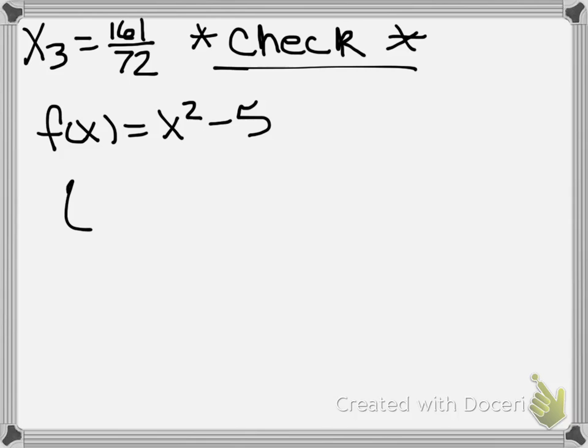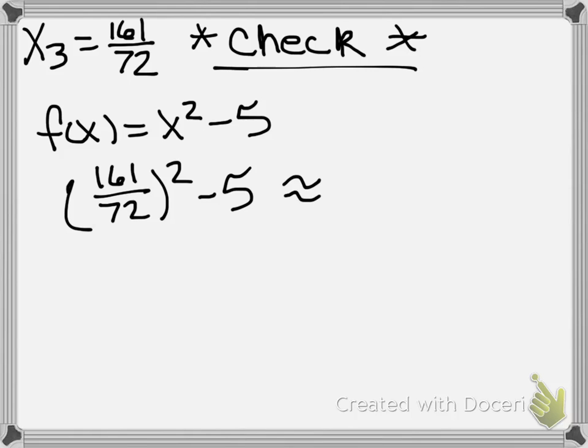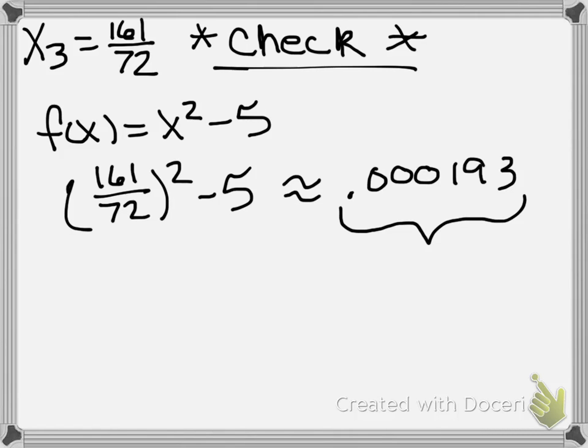So we're going to have 161 over 72 squared minus 5. And instead of going through trying to find a common denominator and everything else, you can just plug that into a calculator, and you should get something like 0.000193, and as you can tell, that is really close to 0.